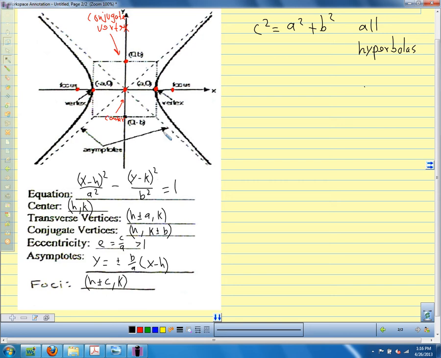All right, let's look at the vertical ellipse. Or sorry, vertical hyperbola.